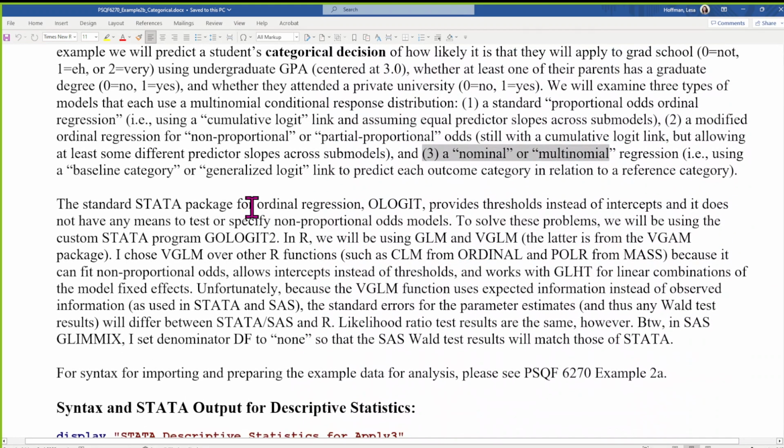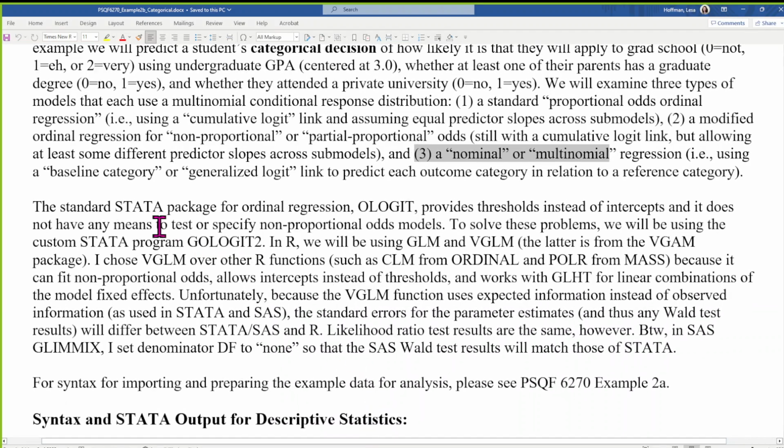In terms of the software, there is a Stata package that everyone uses called ologit, which stands for ordinal logit, I think. I'm assuming that's what it stands for. But it only gives thresholds. It does not give intercepts. So I went to Google University and I asked, how do I get ologit with intercepts instead? And I found a package called gologit2 that someone had written.